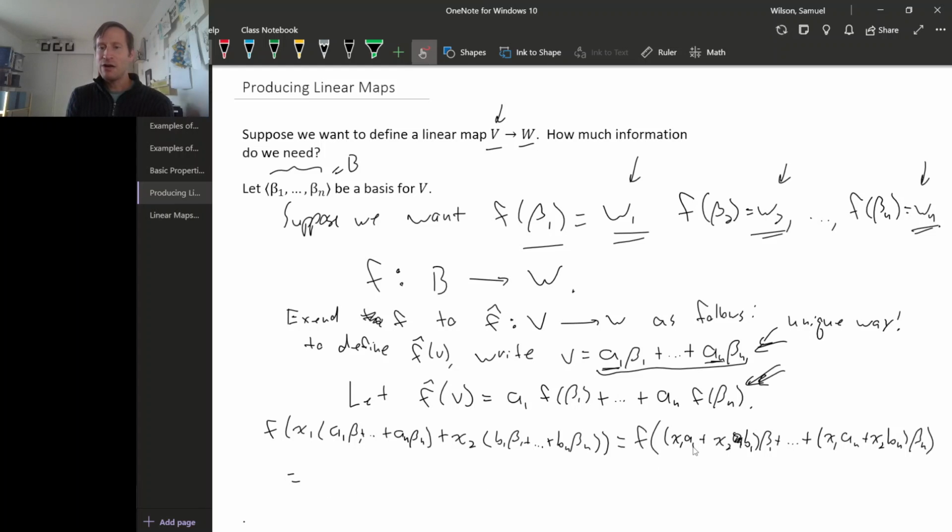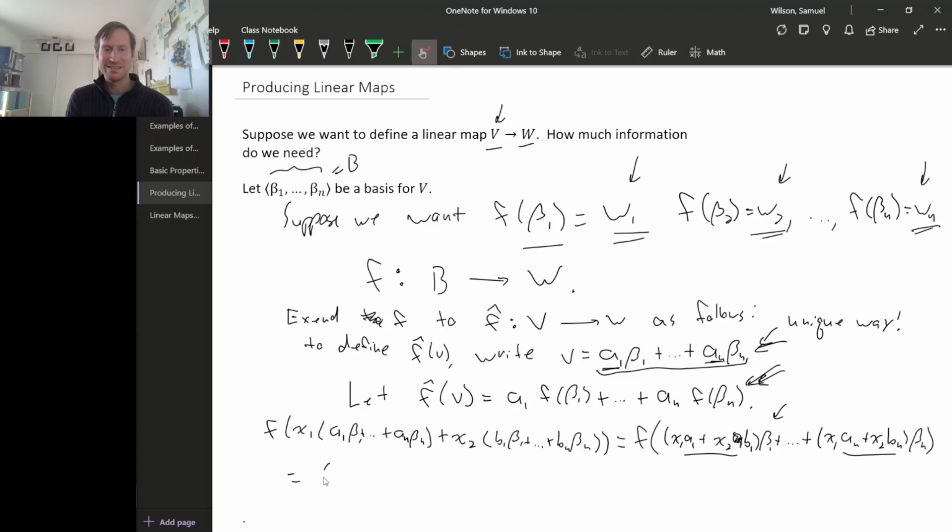Now that we know what the coefficients on the basis vectors are, we can write down what the result of f is. We just move the f to the betas, essentially.